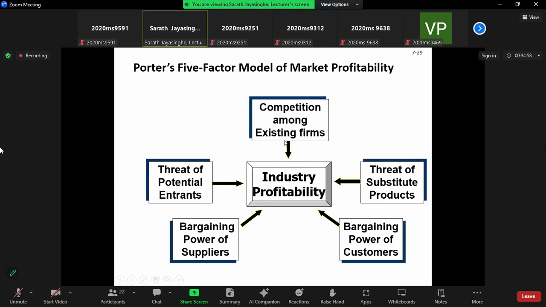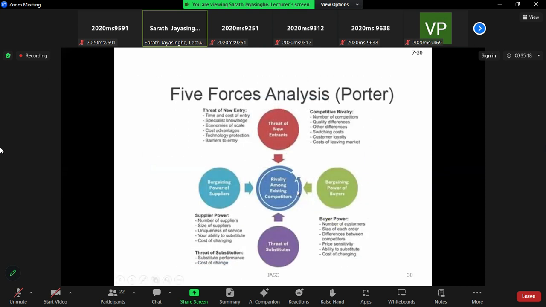Right? I think you have learned and discussed these things, therefore I will not do it in detail. So these are the five forces. By analyzing these five forces, you can understand the industry profitability or market profitability.